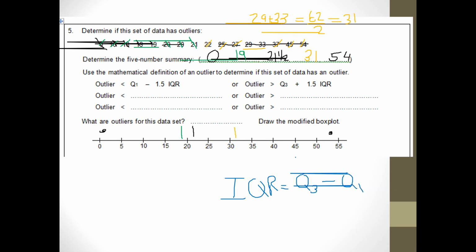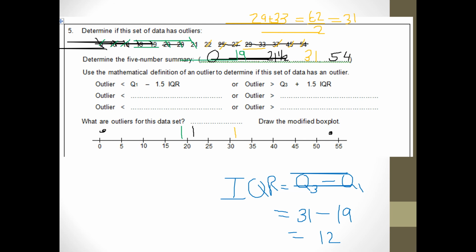So Q3 is this 31, so I'm going to do 31 minus 19, which is my Q1. Okay, so 31 minus 19 gives me 12. So my IQR is 12.